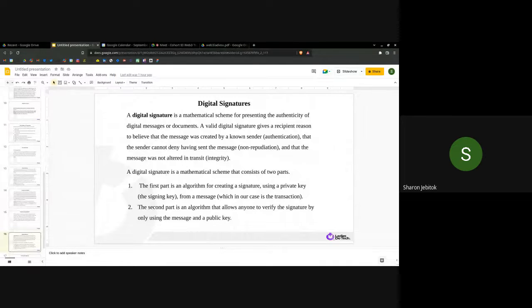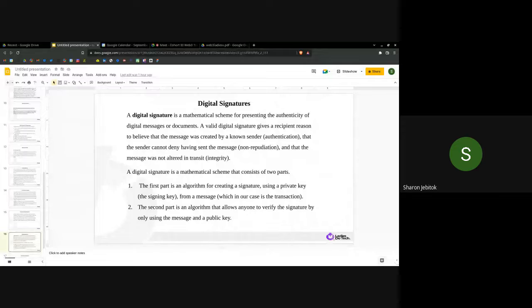And this will show that this transaction is signed and it's authentic. So a valid digital signature gives a recipient reason to believe that the message was created by a known sender. Now that is authentication.